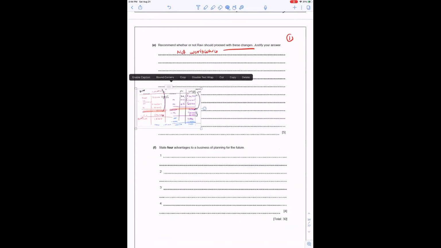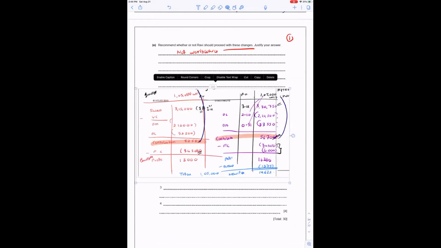You can use this information. It is not worthwhile because if I'm implementing these changes, although contribution is increasing from 52,500 to 56,700, 1 mark again for this.